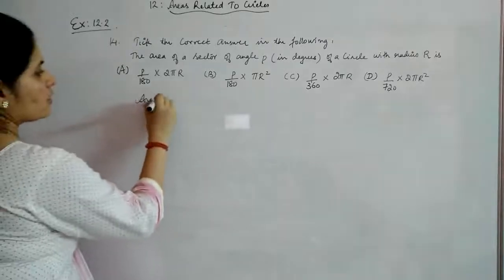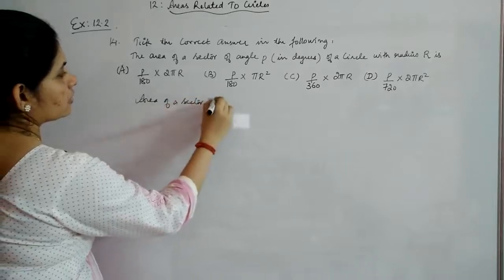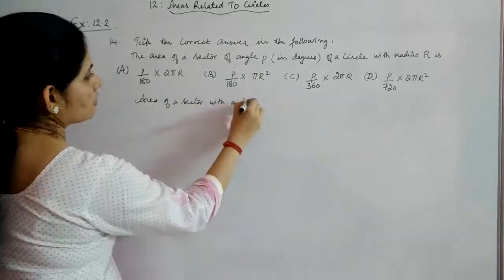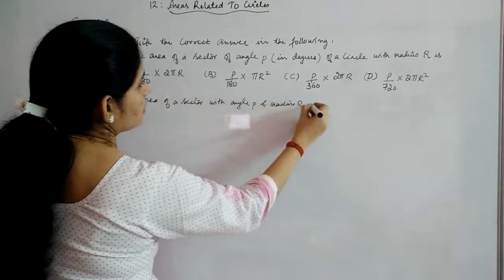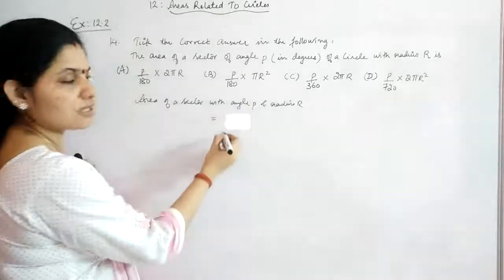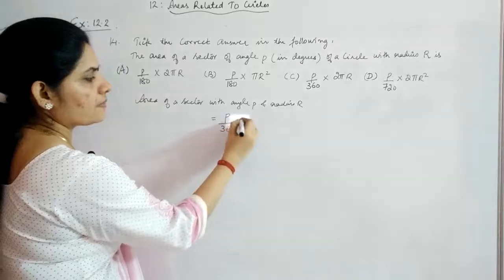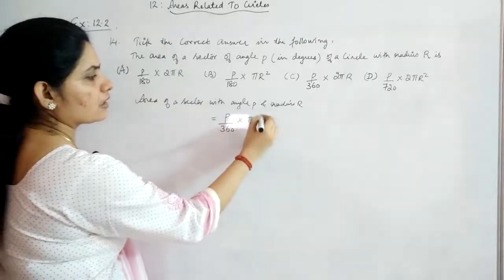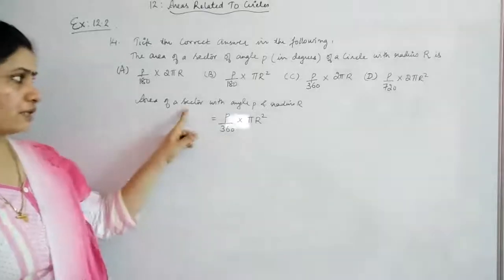So area of a sector with angle P and radius R is equal to, how you will write, theta by 360. Here instead of theta you have P, so P by 360 into pi, here R is capital R, pi R square. So this is actually the answer for the area of a sector.